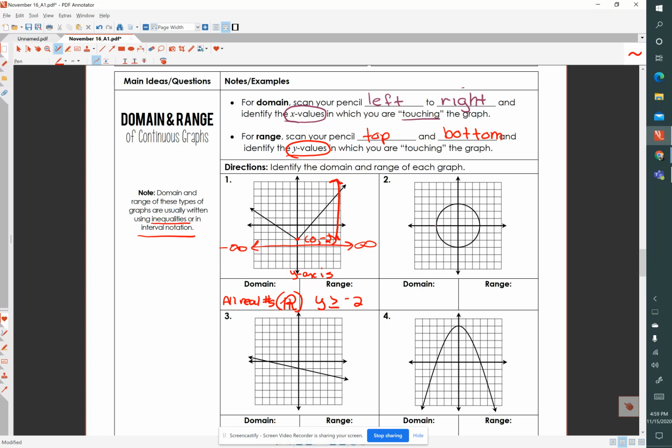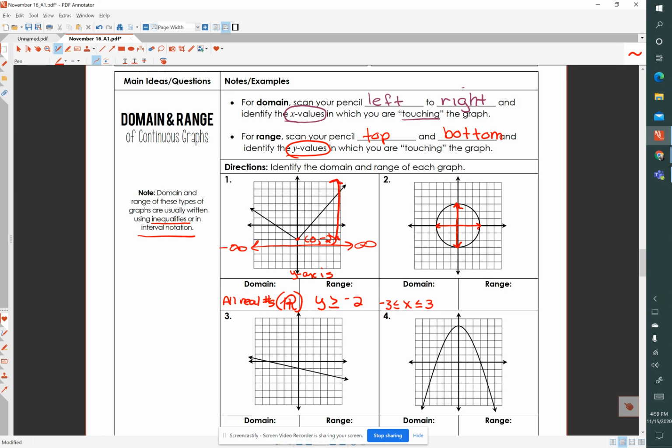On number 2, the domain goes from -3 to +3. So we would say -3 is less than or equal to x, and x is less than or equal to 3. Now the range goes from -3 on the y-axis to +3.